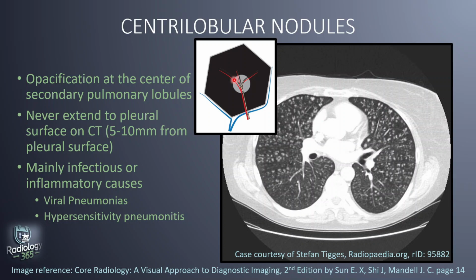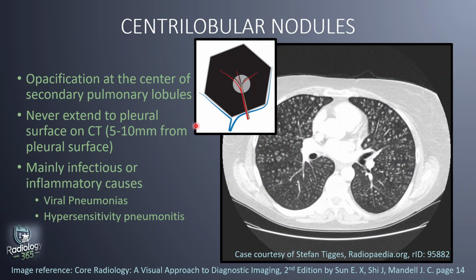So how are you able to tell on a CT scan or a chest CT? When you look at the nodules on a chest CT, there are certain areas that you can look at. So you can look at the subpleural areas. Centrilobular nodules will never extend to the subpleural region. Also, you can look at the fissures.